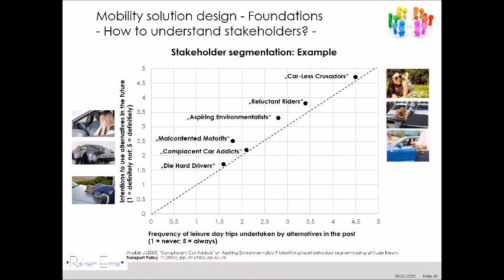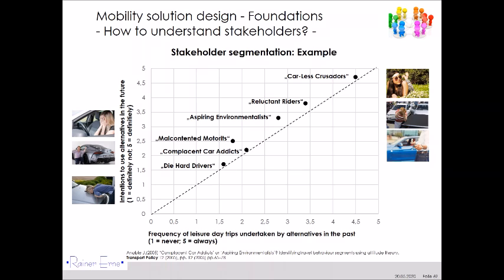And then you can see here we have a segment which are called die-hard drivers, which haven't used any alternatives in the past and won't use them in the future. So you won't get them to switch from their car to other means of transport by any means of marketing. Here you have to use governance solutions, so political solutions, restrictions.